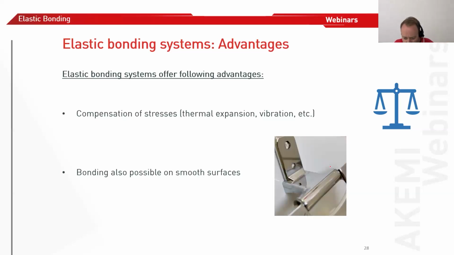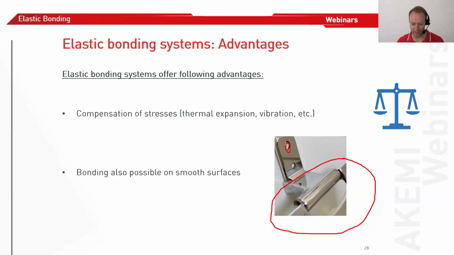Like here, I think you can see it. This is like a toilet paper holder. This is a glazed ceramic tile, and here the customer did not want to drill holes into the tile to fix it. So he just glued the toilet holder there.